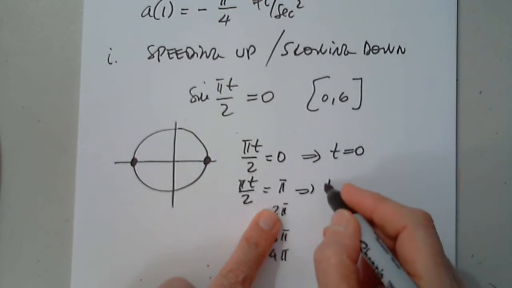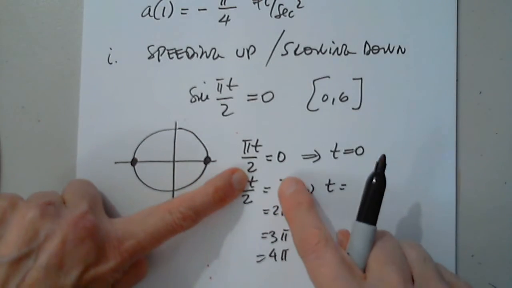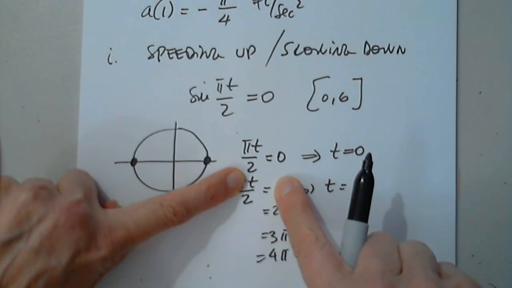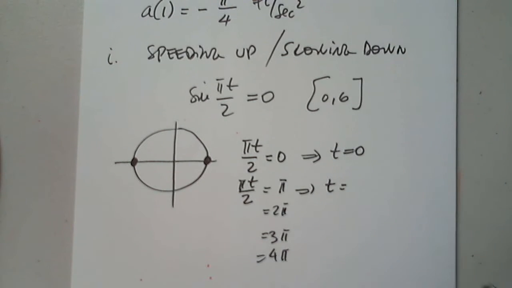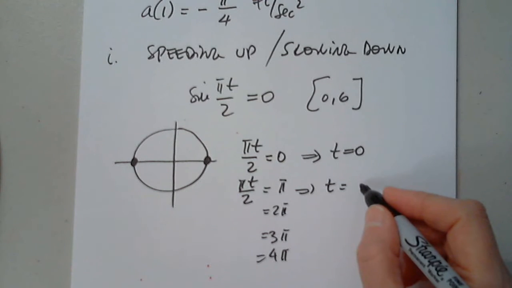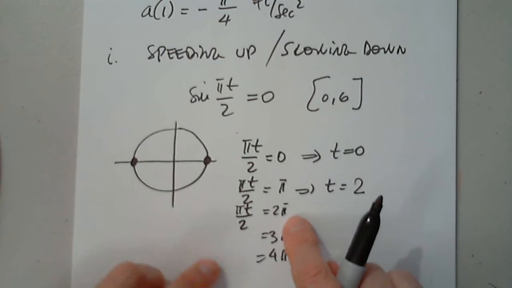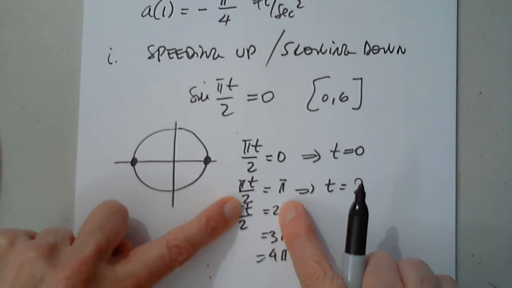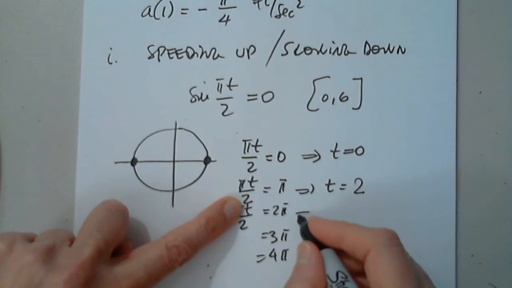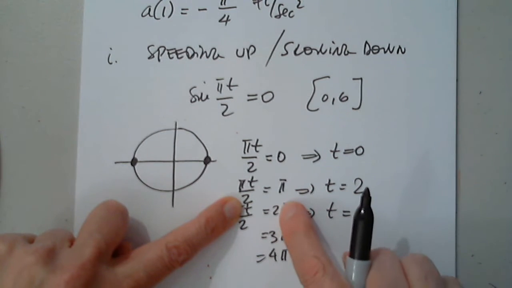Can anyone give us t? Simplify by pi, and we get what? Anyone? 2. Very good. So pi t over 2 equals 2 pi. So t equals 4.